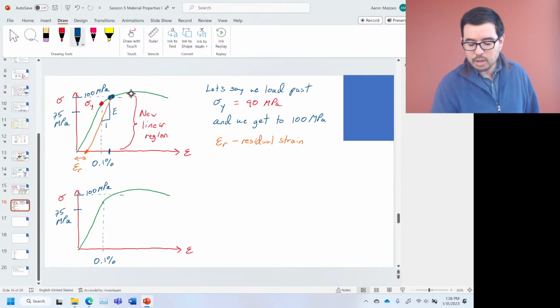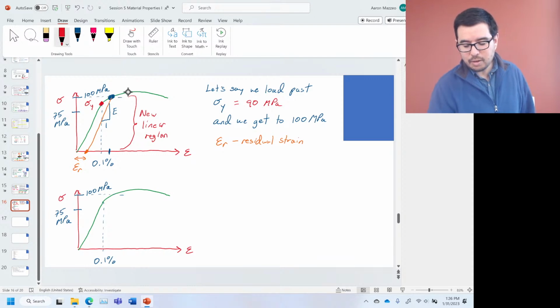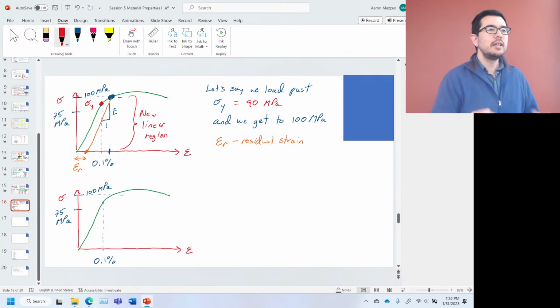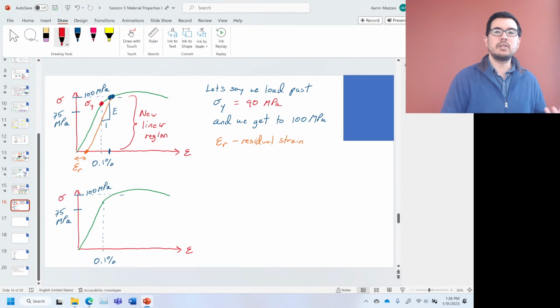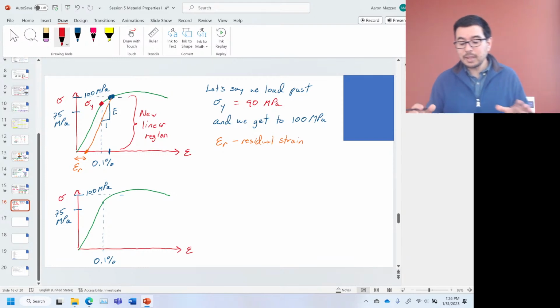So you could keep doing this, and you'd get a little bit more strength. It has a limit, of course, because if you go past the ultimate tensile strength, you will have caused a significant change in the cross-sectional area, and the material will no longer be getting stronger. So this is a cool thing with steels.